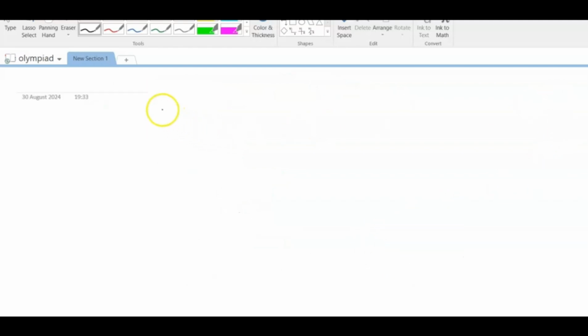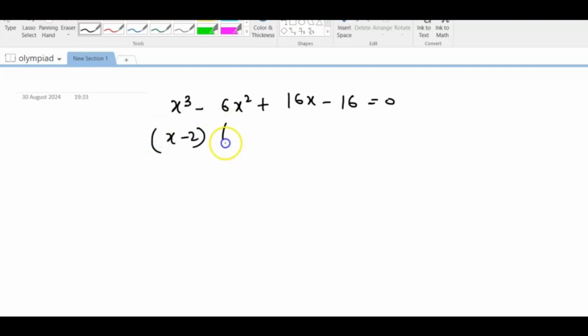And therefore, now this equation can also be written as x minus 2 into x square minus 4x plus 8 is equal to 0.